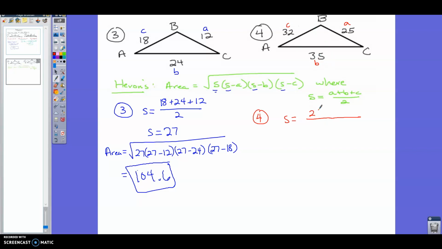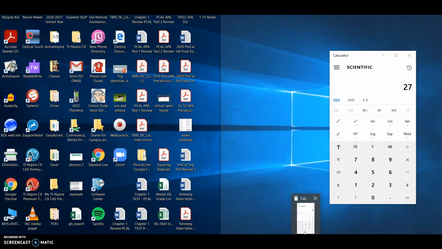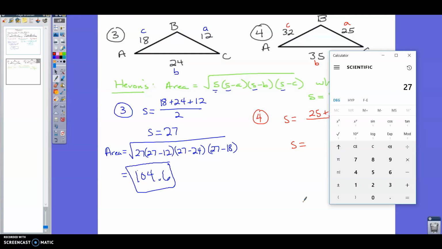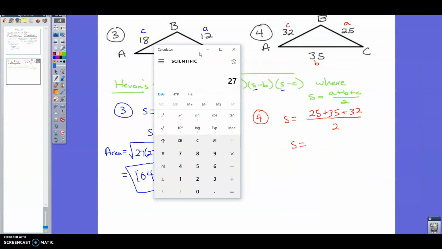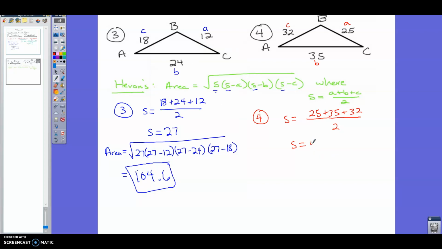So we're going to have 25 plus B, which is 35, plus C, which is 32, and we're going to divide all those by 2. We get 92, and when we divide by 2, we get 46. So S is 46 in this case.